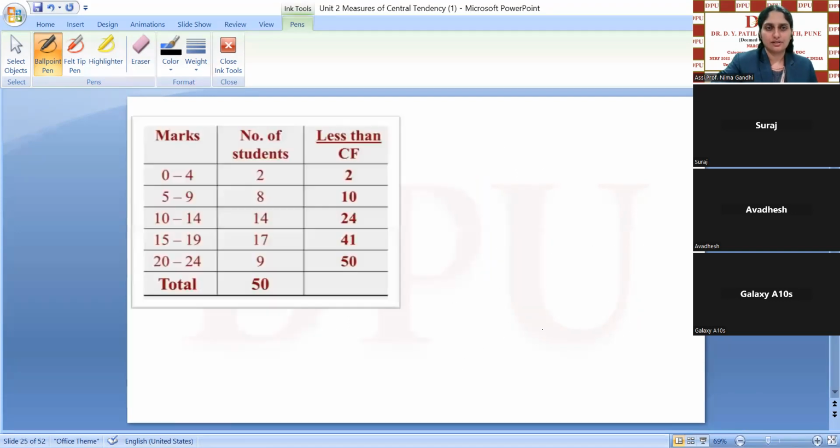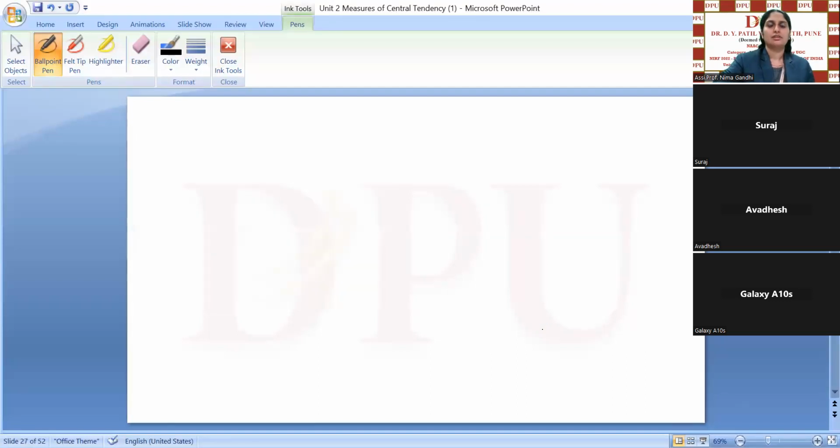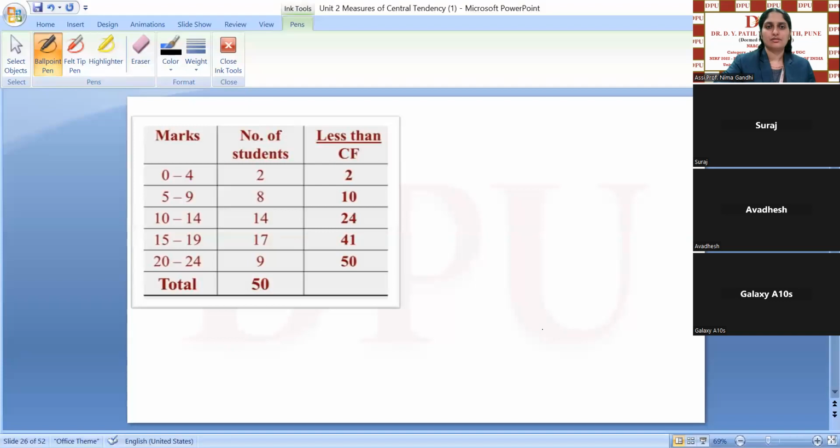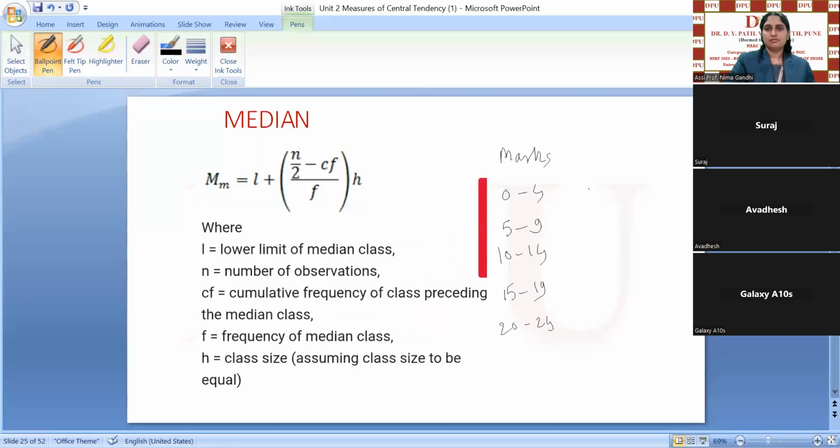What is the frequency? 2, 8, 14, 17, 9. This is 4, okay? This is also 4. So these are the classes you have. This is a 4 frequency.